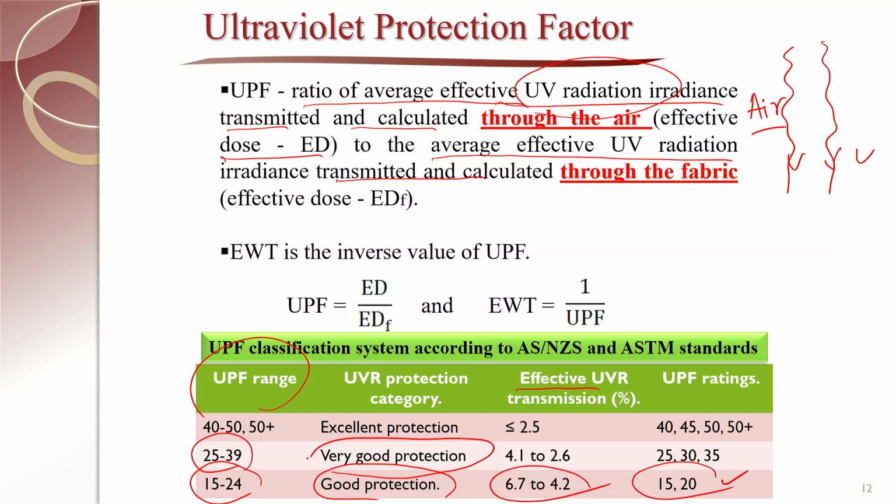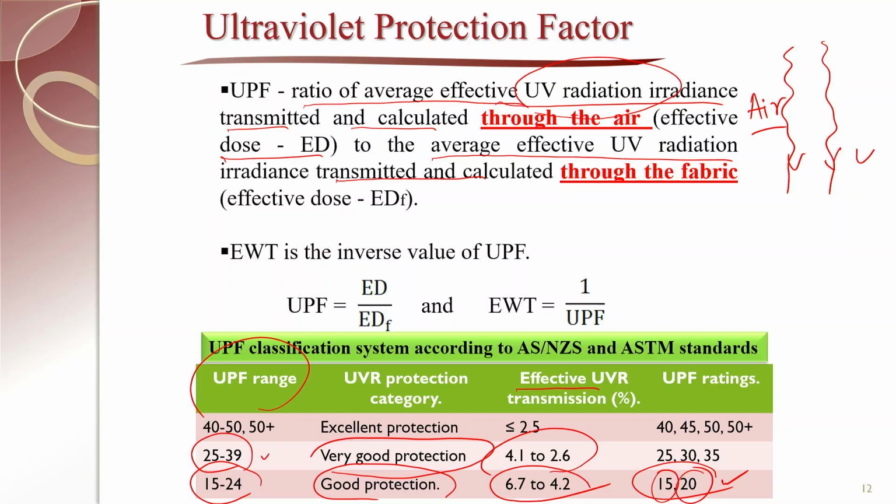Typically 2.6 to 4% gets transmitted and reaches our body. Within this range, in the industry they rate it at intervals of 5.